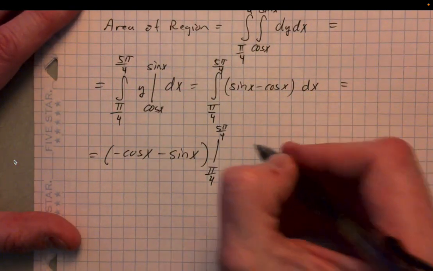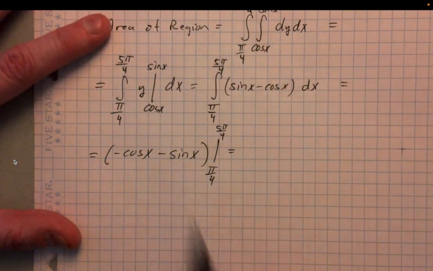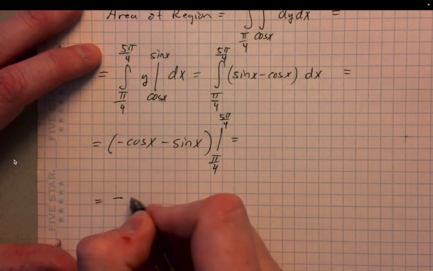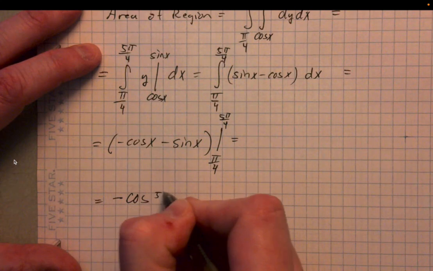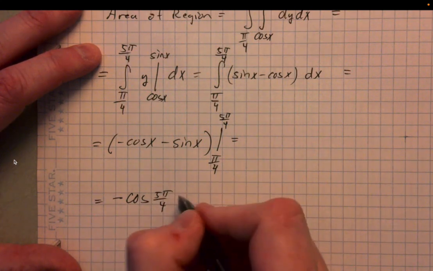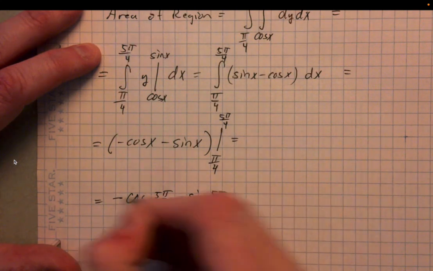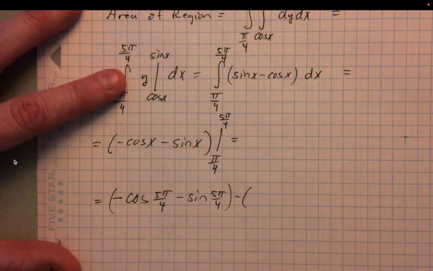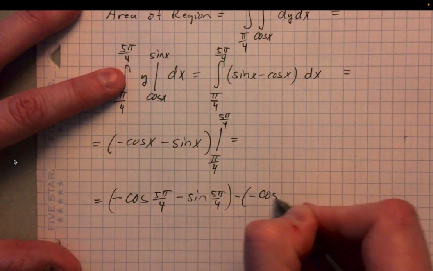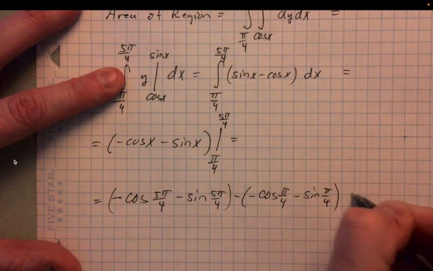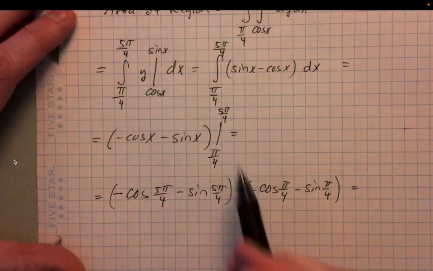Okay. And so now we just have to plug everything in. So let me put that on the next line here. So you're going to have negative cos of 5 pi over 4 minus sine of 5 pi over 4. Okay, and then that whole thing minus negative cos of pi over 4 minus sine of pi over 4. Okay, no big deal, just plugging in those endpoints.